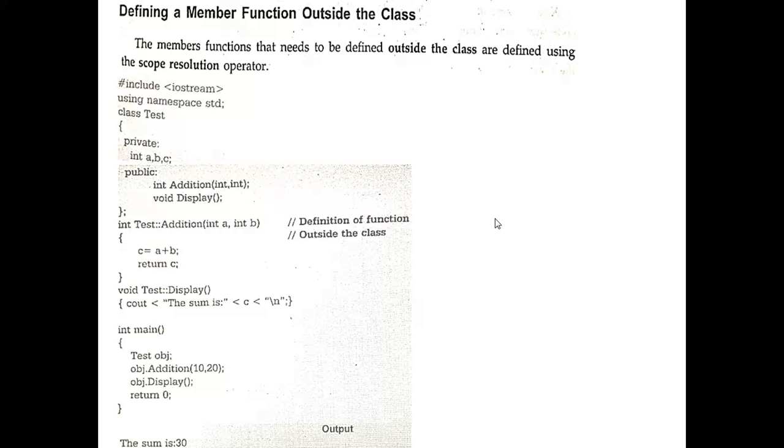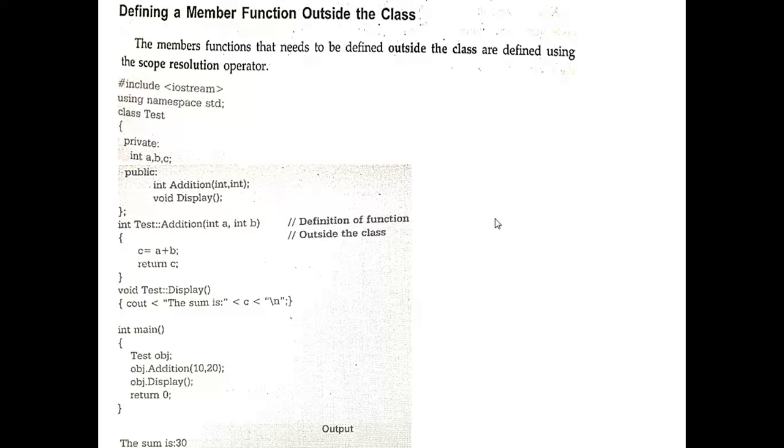After finishing the class test, we have to write the body part of addition function, that is int. Therefore, for the place where this addition function is declared, we have to initially write down the name of the class, that is int test, where int is the return type of that function.